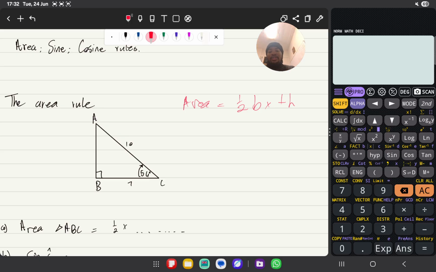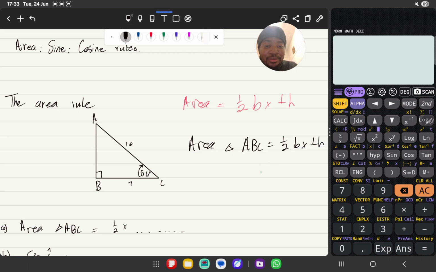Cool. So for example, in this triangle ABC, if I was asked to calculate the area of triangle ABC, I would say it's half base times perpendicular height. Of course, this is just the formula.